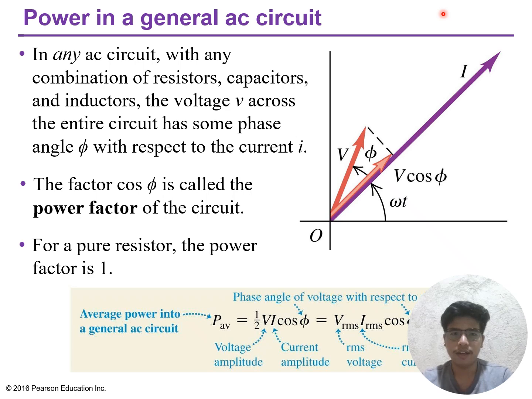The phasor diagram shows the voltage phasor decomposed into V subscript R equal to V cosine phi, in phase with current, the resistive component, and V subscript react equal to V sine phi, 90 degrees out of phase, the reactive component. Only the resistive component contributes to the average power. Reactive components average to 0.